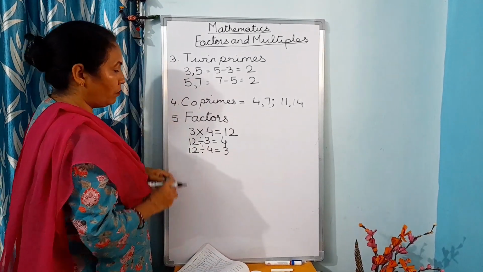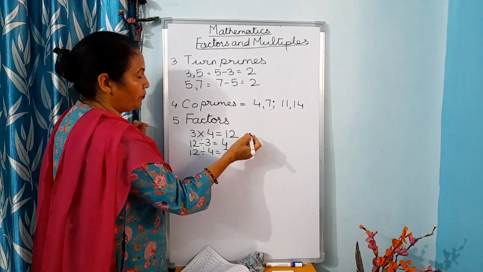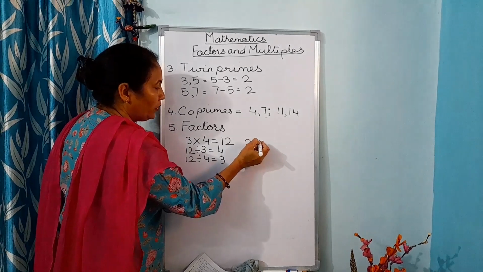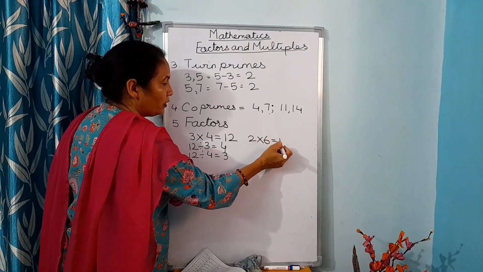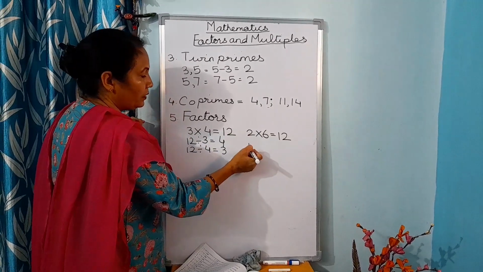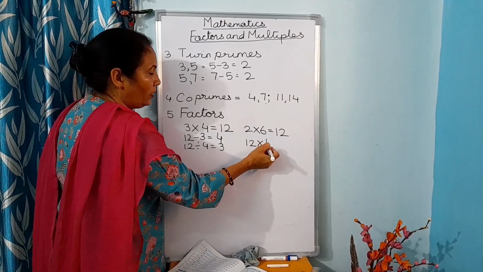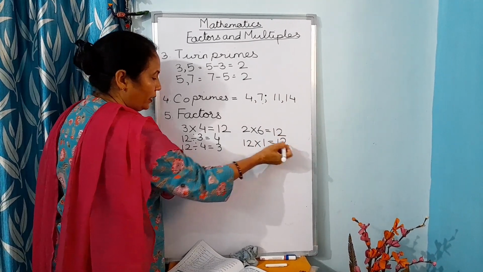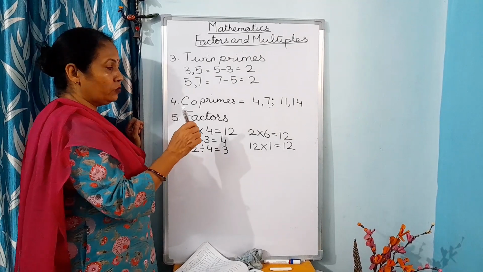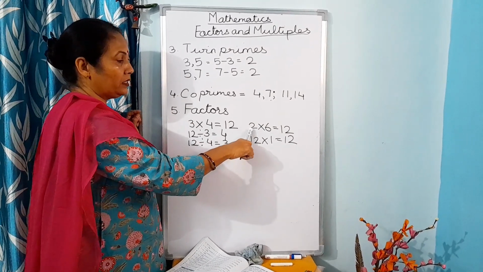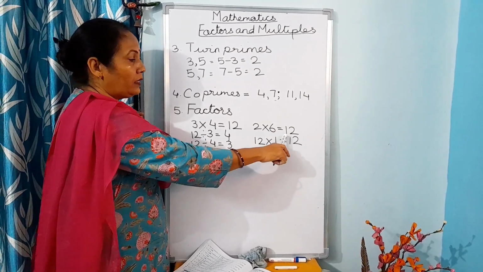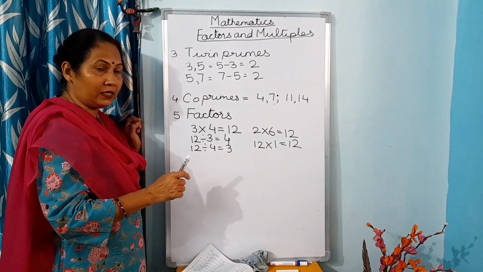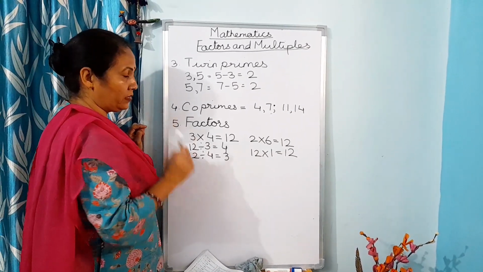There are some more factors of 12, that is 2 into 6 is equal to 12, then 12 into 1 is equal to 12. So children, you will see that these numbers are dividing 12 exactly, so they are called factors.